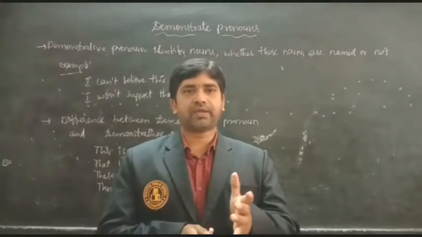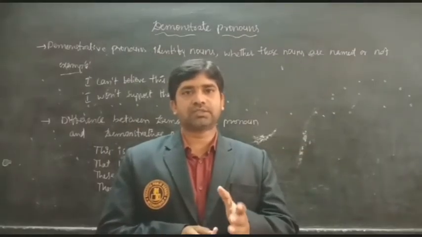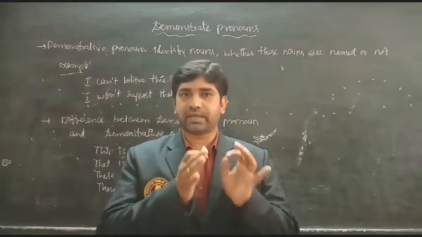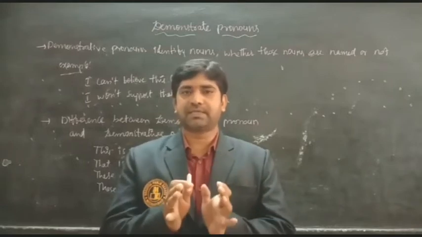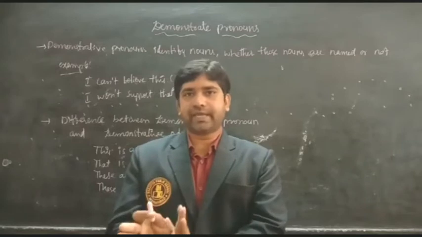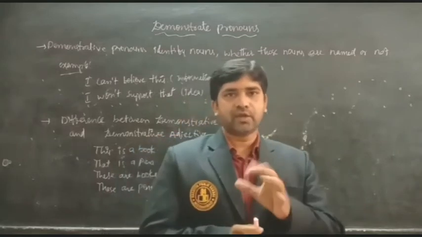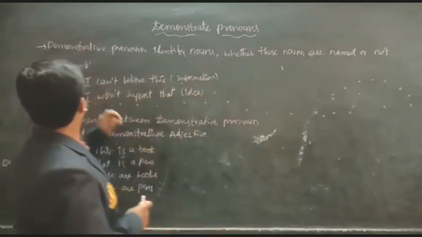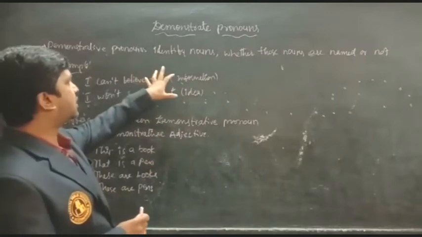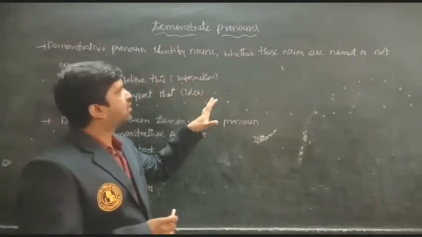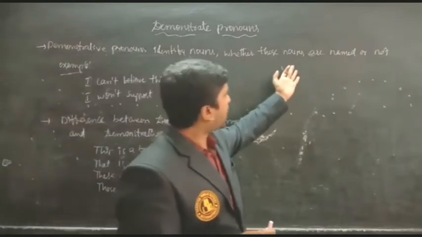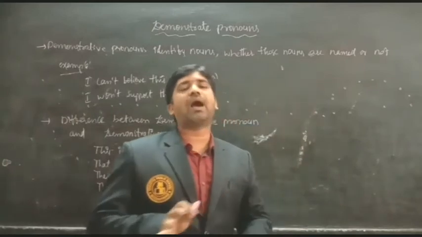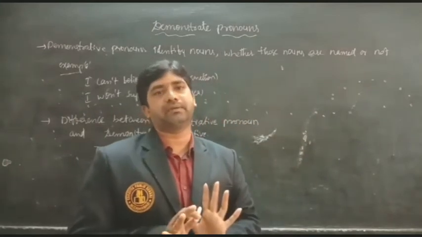Just now I explained how to use these demonstrative pronouns with animals, persons and things. Now you see a few more rules. Demonstrative pronouns identify nouns, whether those nouns are named or unnamed.